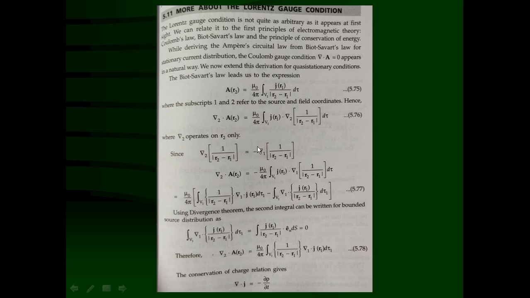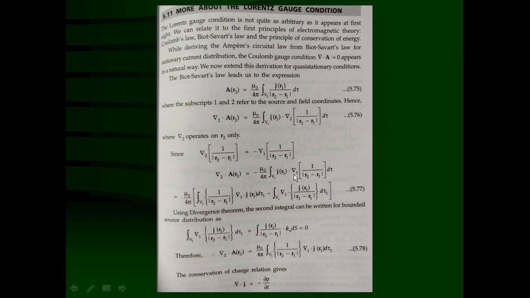So we are replacing del 2 with del 1, and the minus sign comes outside. So equation 5.76 can be written as del 2 dot A of R2 equal to minus mu 0 upon 4 pi, volume integration over V1 of J of R1 dot del 1 of 1 upon modulus of R2 minus R1, d tau.